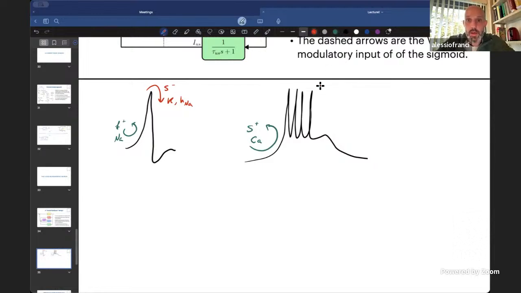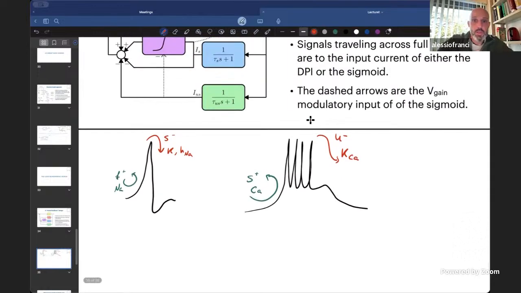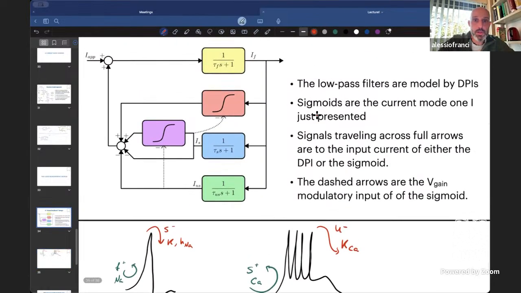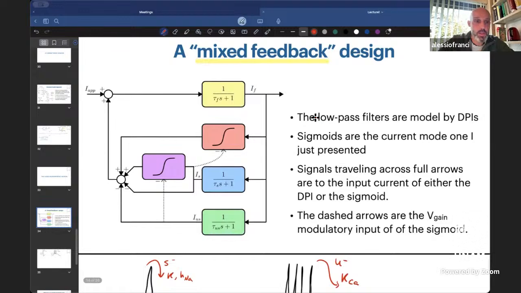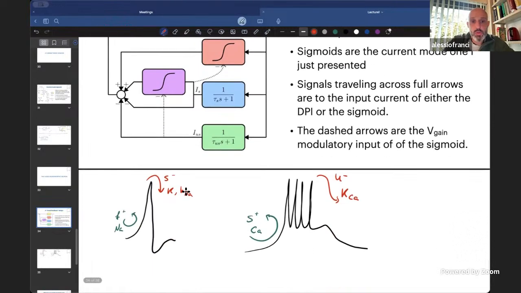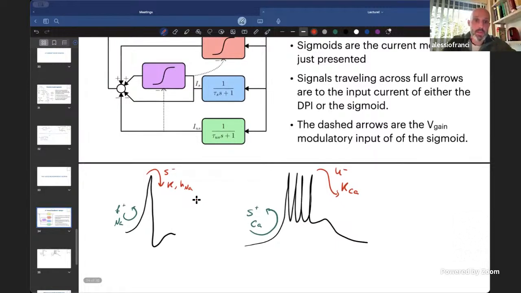And the end of a burst and the repolarization period after a burst, which is a form of ultra slow negative feedback, is mostly implemented by calcium-activated potassium current. And so the approach that Laurice followed to design his neuromorphic chip is not to try to really re-implement all the detailed kinetics that you find in neurons.